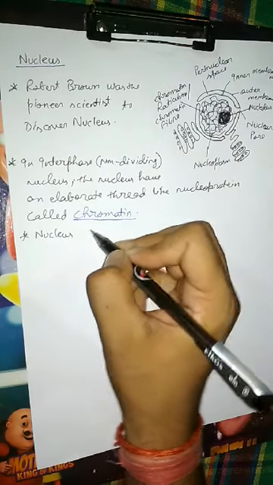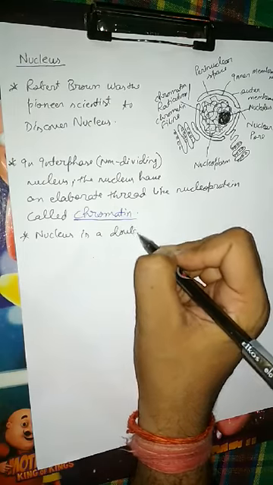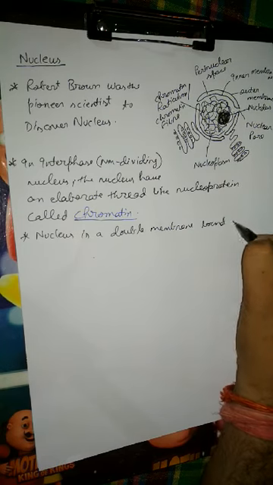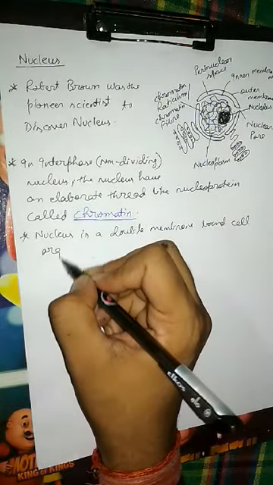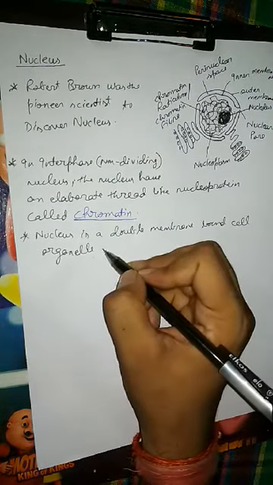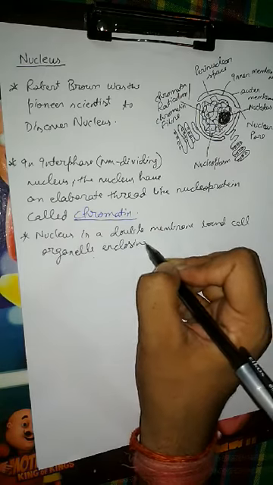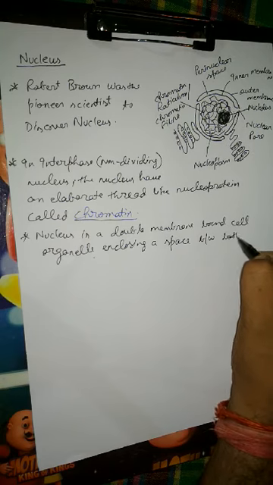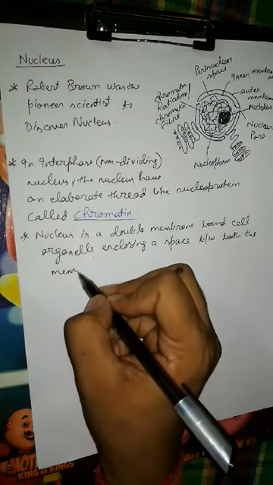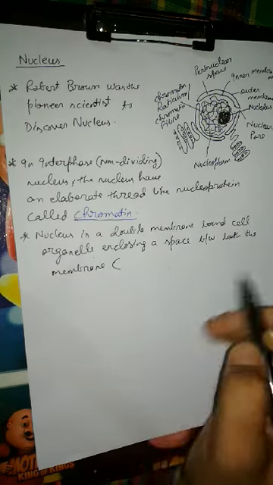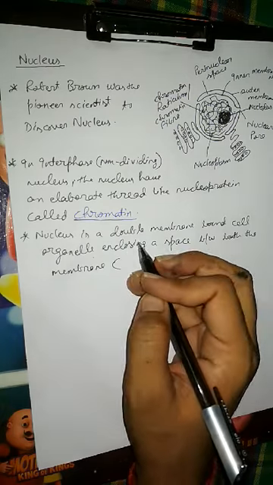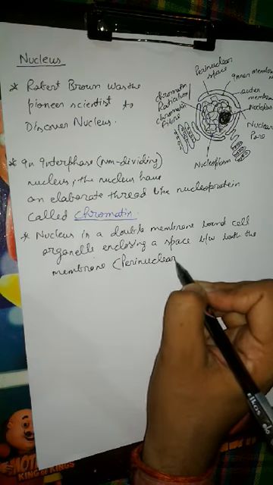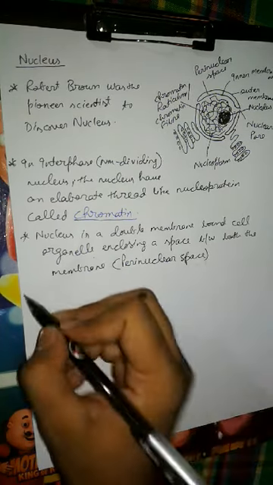Nucleus is a double membrane bound cell organelle enclosing a space between both the membranes, and that space is called the perinuclear space.